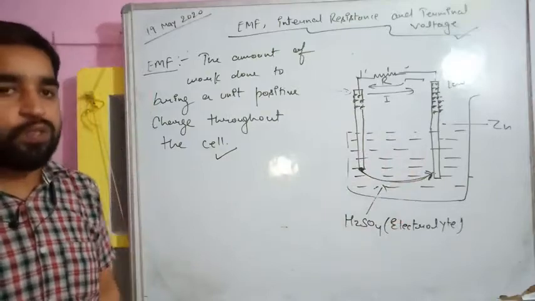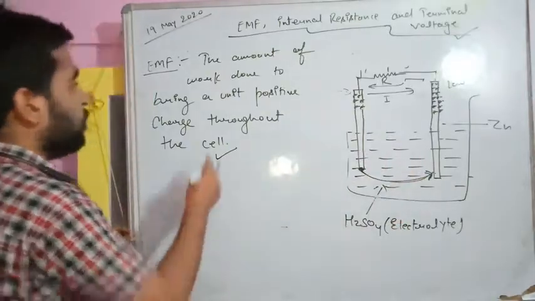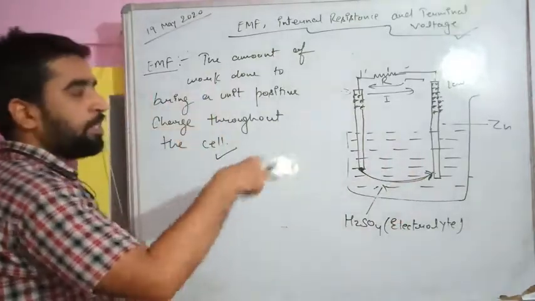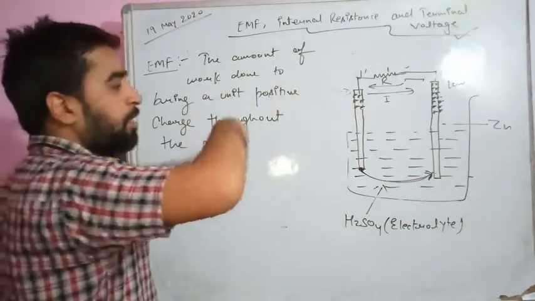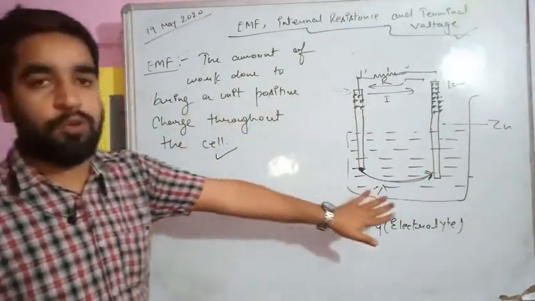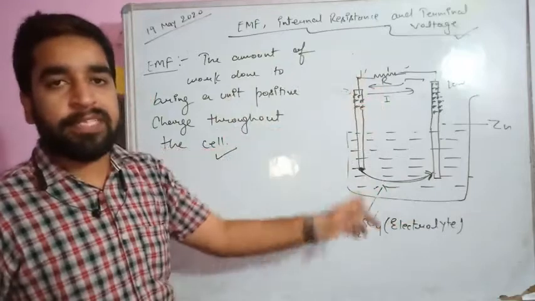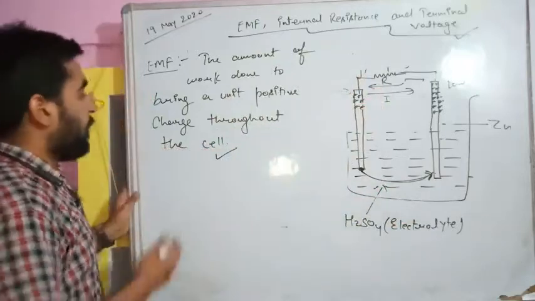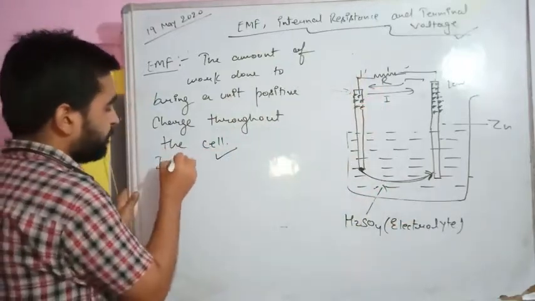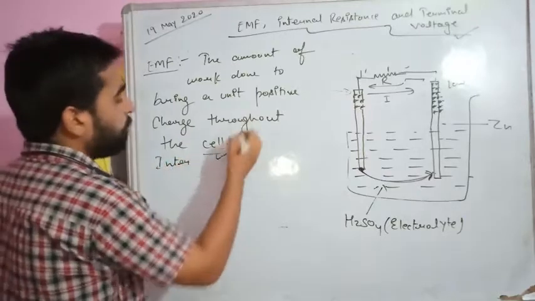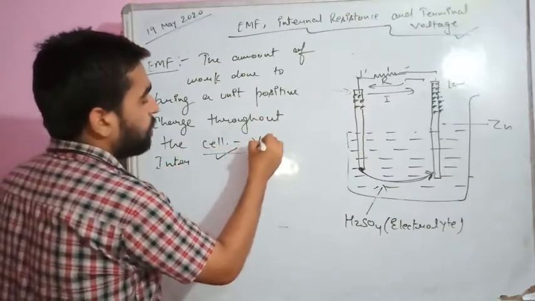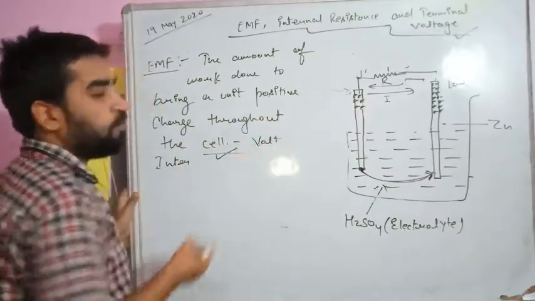I hope you understood this. So this is EMF. You have to consider the charge flowing through a closed loop outside the cell as well as inside the cell. This EMF is measured in volt. The unit is similar to that of voltage.